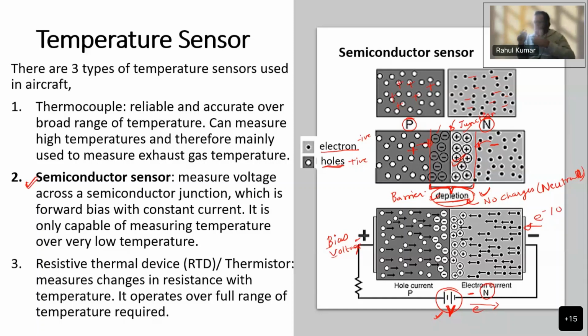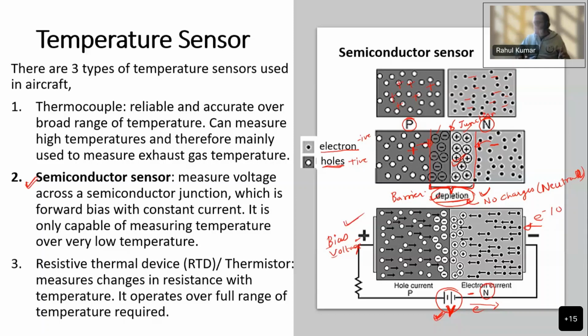When we use this biased semiconductor sensor as a temperature sensor, we increase the temperature around it. As the temperature increases, this barrier will break, because you have already applied a small voltage which is just holding the barrier, and any additional heat energy will break it.